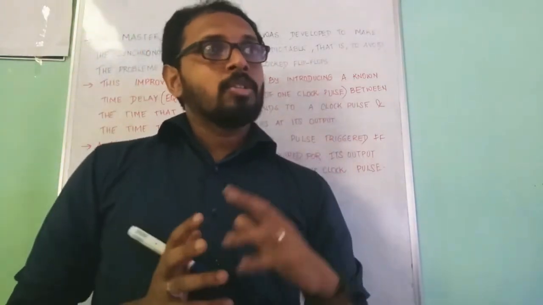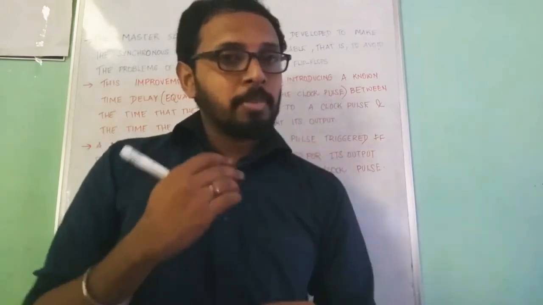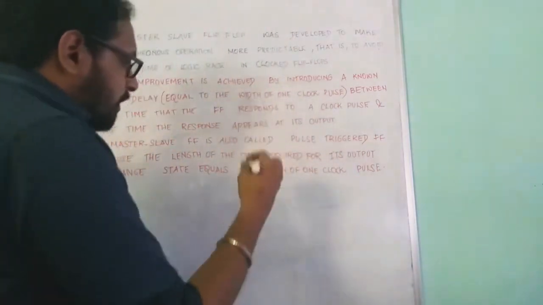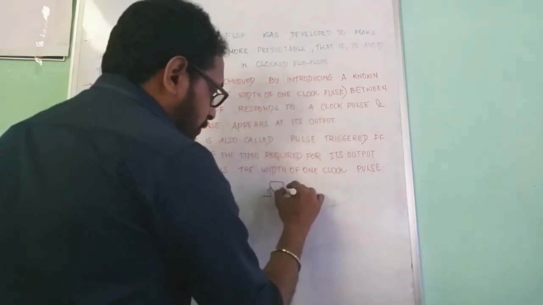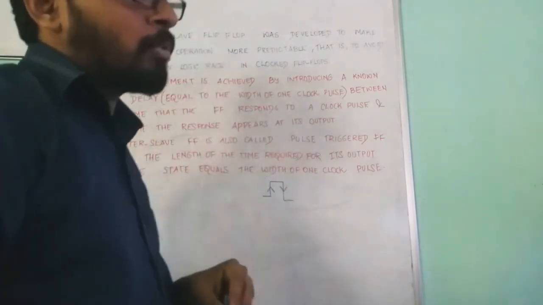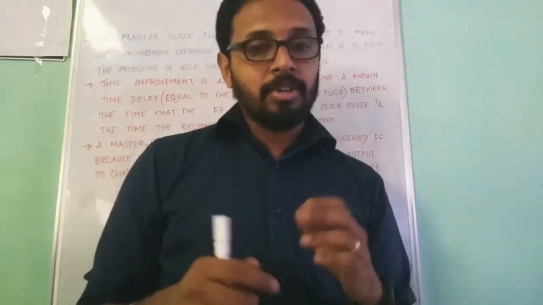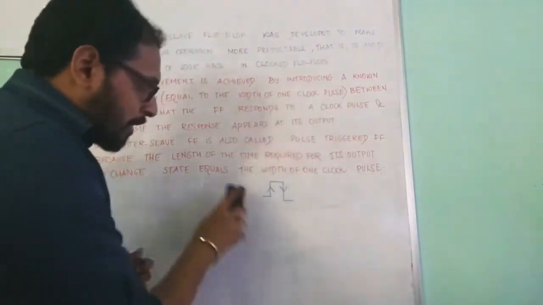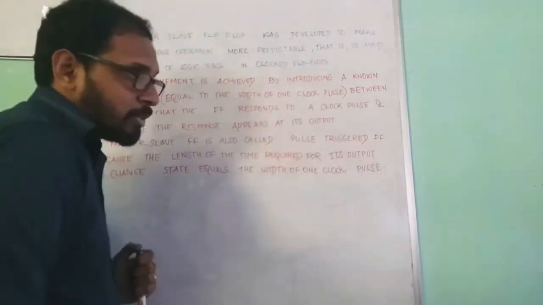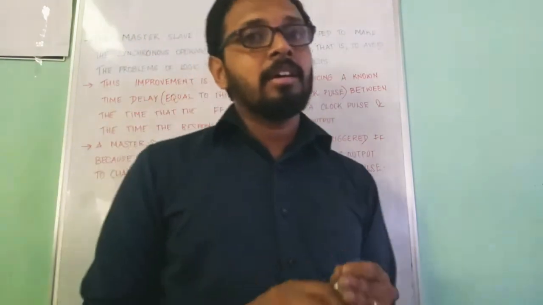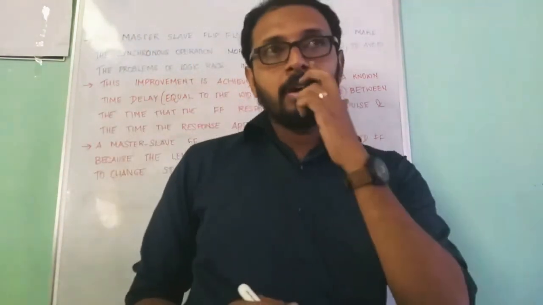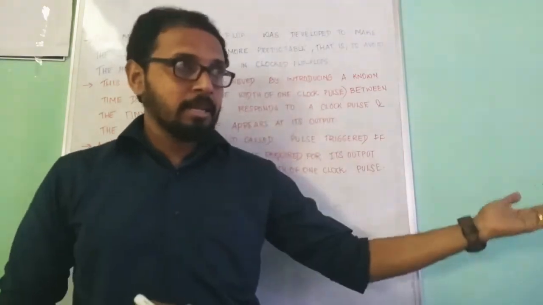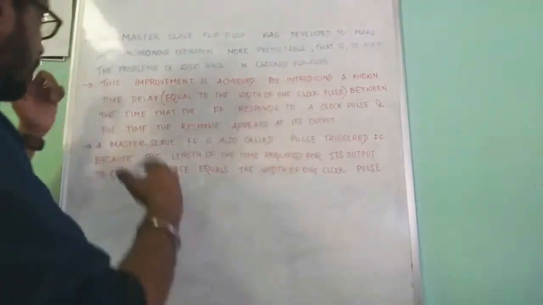As it is pulse triggered, when we consider a pulse, it should be based on both positive edge triggering and negative edge triggering. So a time is introduced between the application of the clock pulse and the time when we receive that particular output. It will be clear in the next step, but for the time being let's discuss the rest.